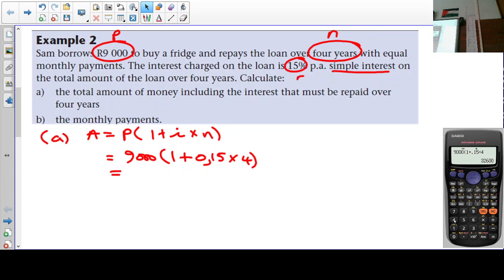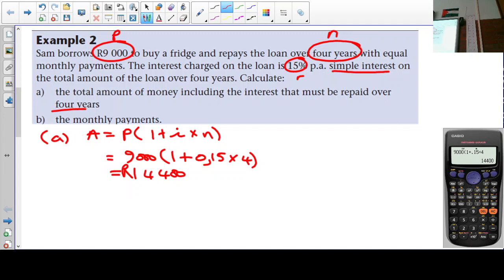Right, so what do we get? 14,400. But have I answered the question? The total amount of money including the interest that must be repaid over 4 years? Yes, that is correct. Okay?